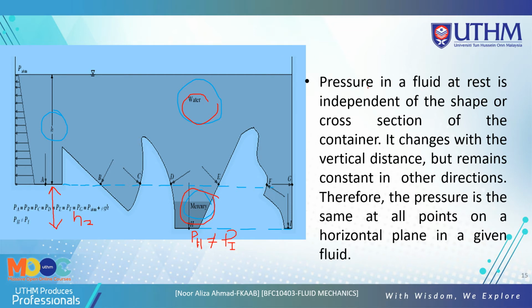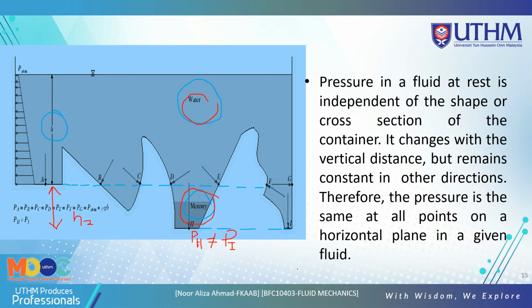Pressure in a fluid at rest is independent of the shape of the cross section of the container. It changes with the vertical distance but remains constant in other directions. Therefore, the pressure is the same at all points on a horizontal plane in a given fluid.